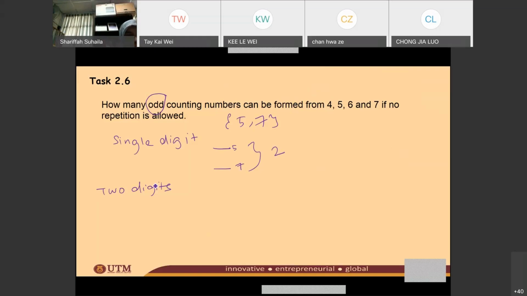So 2 digits, that means, katakan, inilah. Okay. So again, for 2 digits, the last value should be either 5 or 7. Ada 2 possible ways. Maksudnya sama ada ini bawah ni, 5 ataupun 7. So 2 possible ways. Okay.